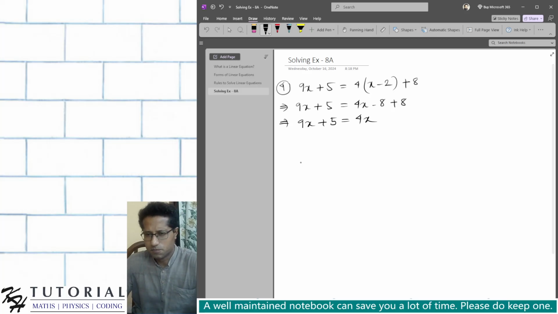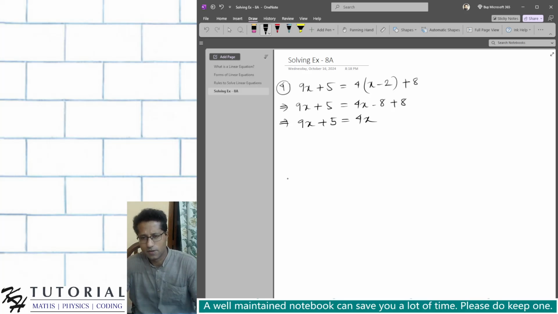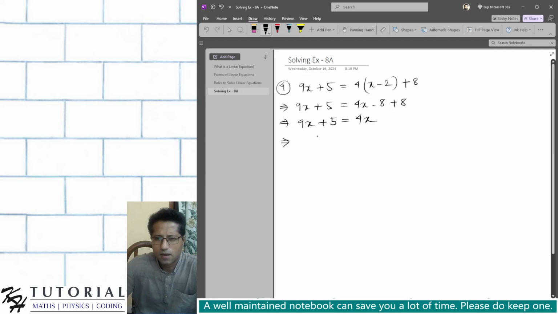Now we will do some transposition of terms so that all the variable terms, that is all the terms having the variable, are on the left hand side, and all the constant terms are on the right hand side. So I will transpose 4x to the left hand side, and I will transpose 5 to the right hand side.